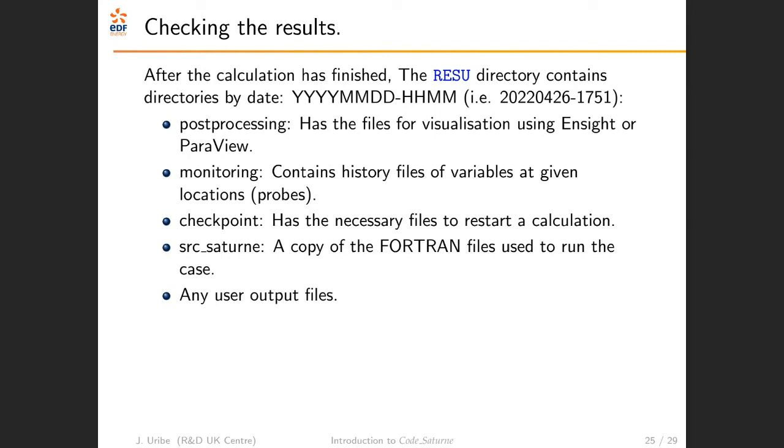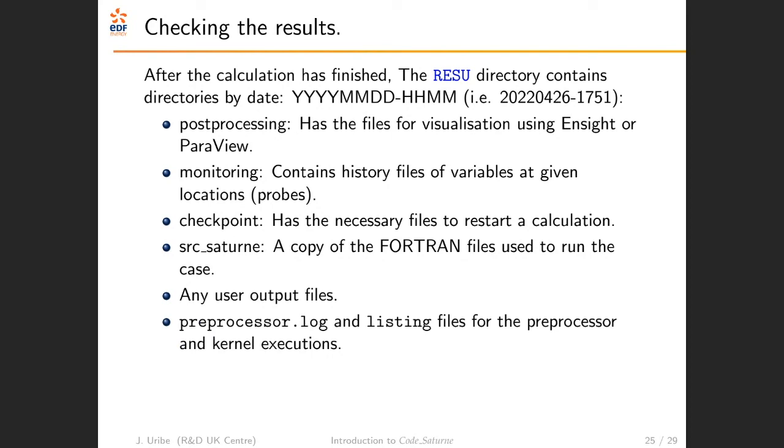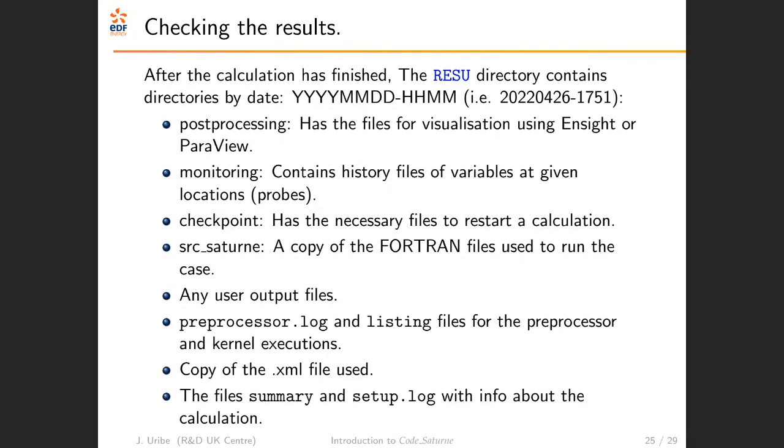So it makes it easier to compare when you do different runs with different parameters, you can always find out what was the difference if you forget data. As I said before, you have a summary and a setup log file, which is where most of the differences will be in between runs, as well as the XML file.